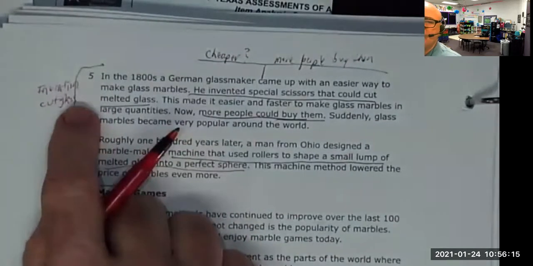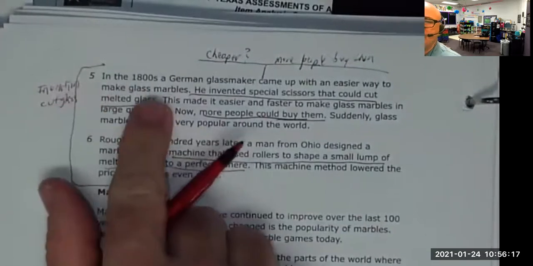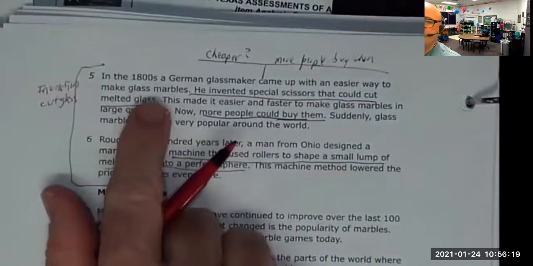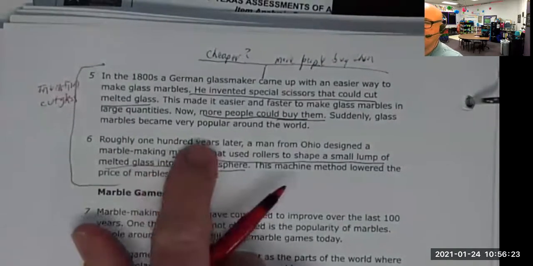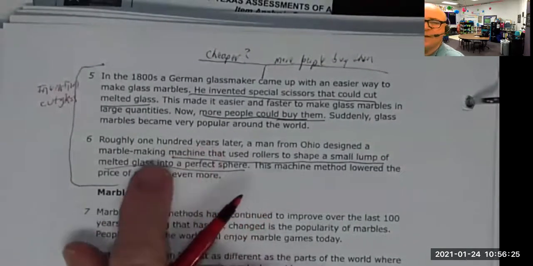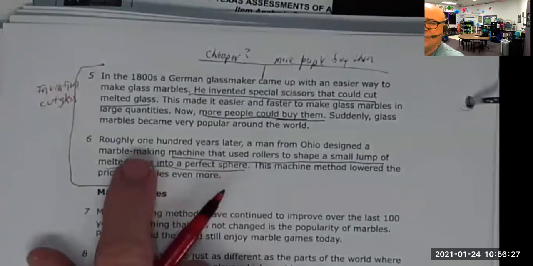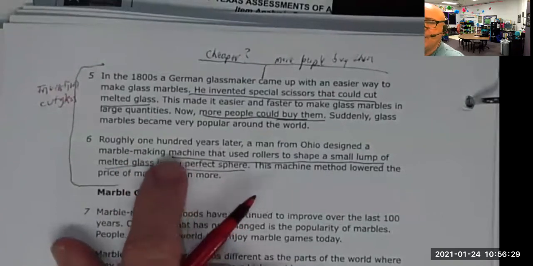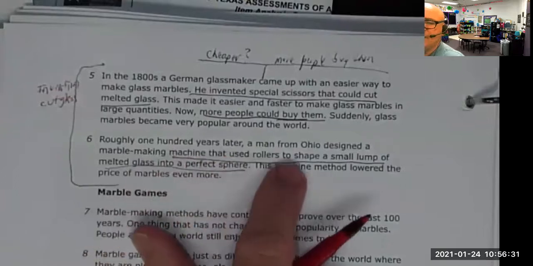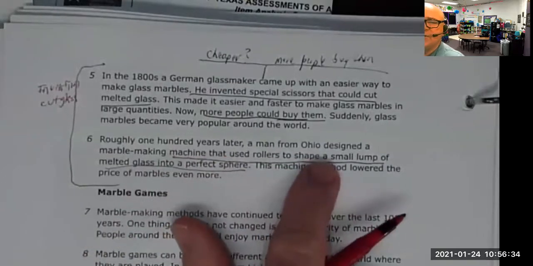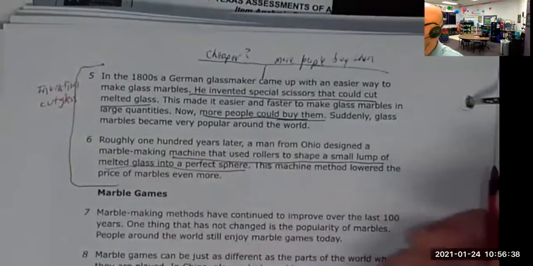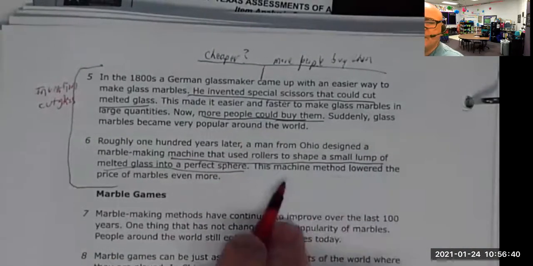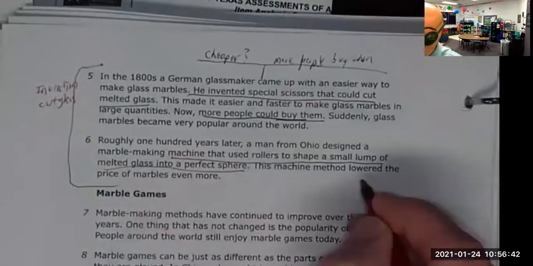And that invention made it easier to make marbles. 100 years later, transition phrase right here, another invention was made, a marble making machine that could make small lumps of metal glass into perfect spheres, okay? It lowered the price of marbles even more.